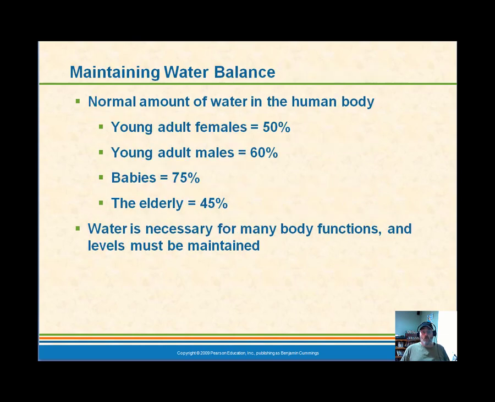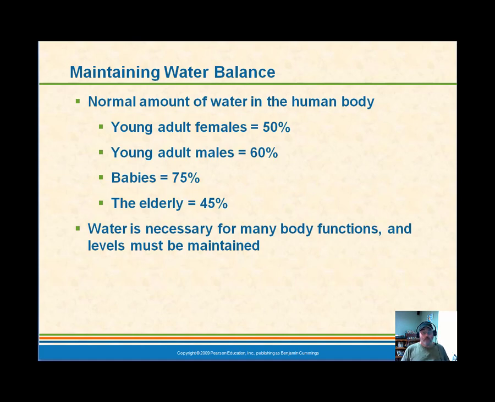Now, normal water balance. Normal amount of water in the human body, in a young adult female, it's about half of her body weight. Then in young adult males, it's about 60%. Now, this difference results from muscle mass. Muscle mass has a little bit more water in it, and men have a higher proportion of muscle mass to body fat than women do.